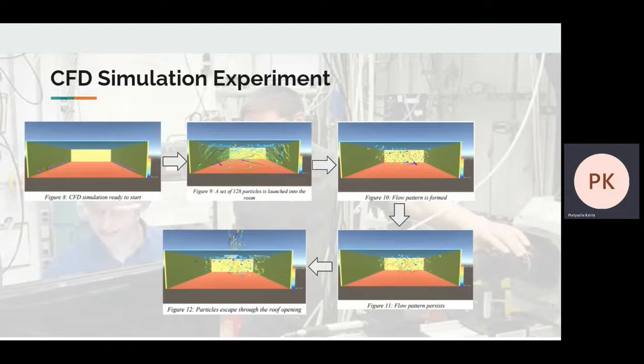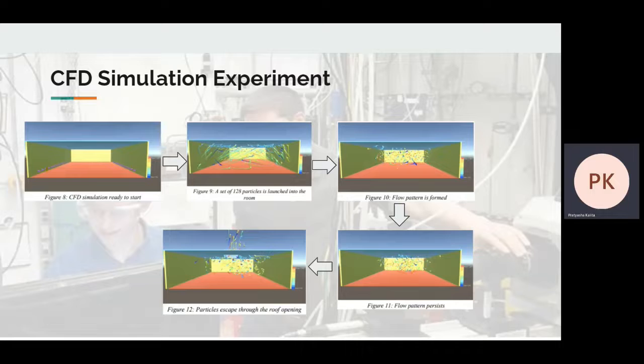An intervention that changes the flow pattern is the opening of the roof hatch. In the last figure, the roof hatch is opened. As it is opened, the particles rapidly start escaping from the room, propelled by the buoyancy caused by the difference of densities between the warm inside air and the cold outside environment.